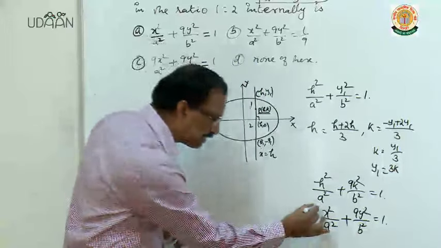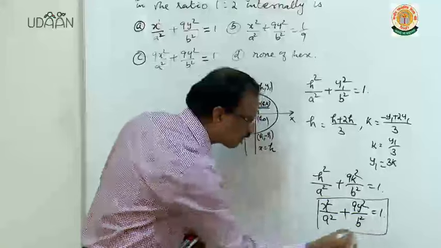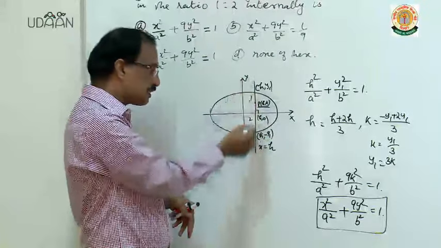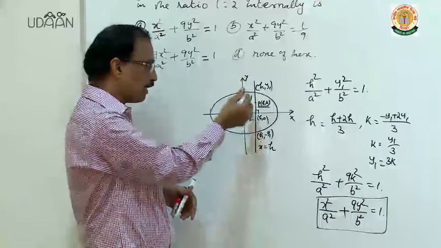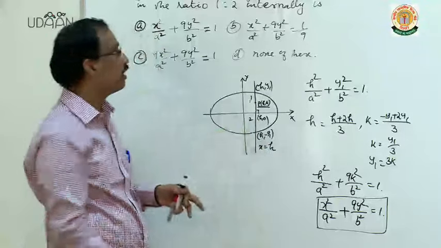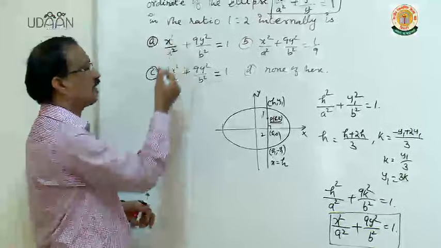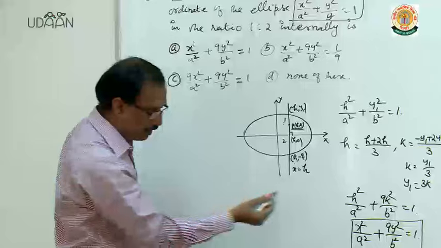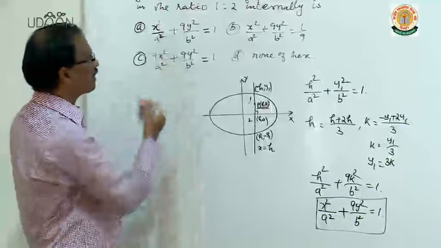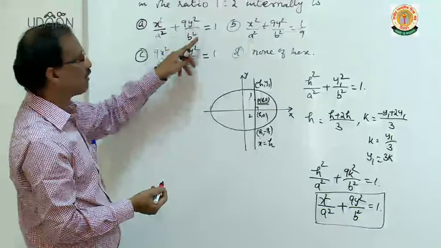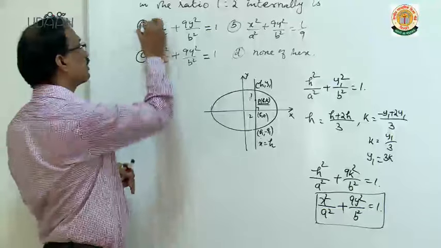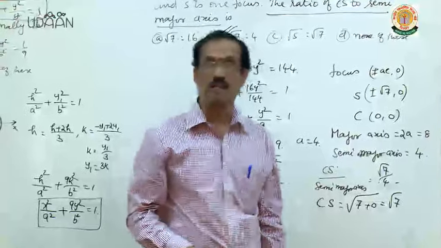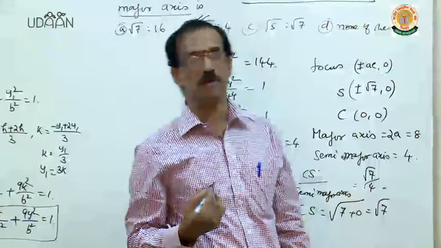This is the required locus of the point P which is dividing this double ordinate in the ratio 1 is to 2. Now let us see the options. x square by a square plus 9y square by b square equal to 1, so this is your option. Today we saw this based on the basic formulas of the ellipse.